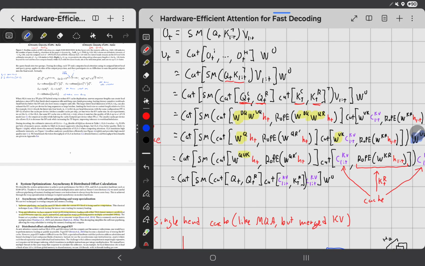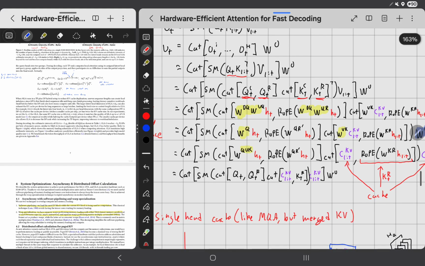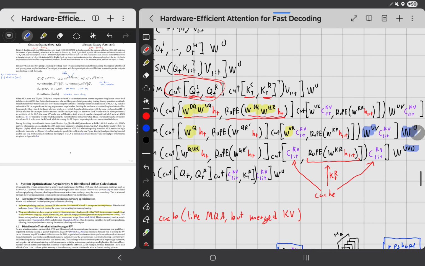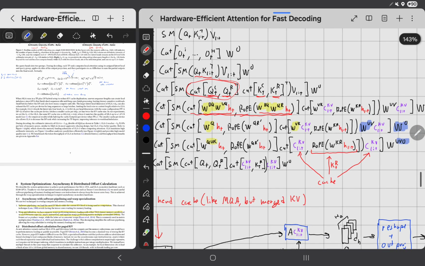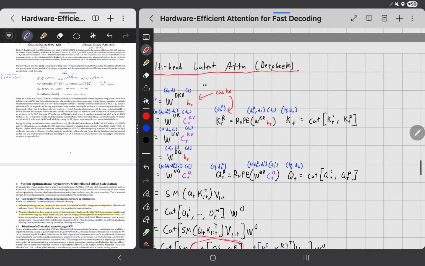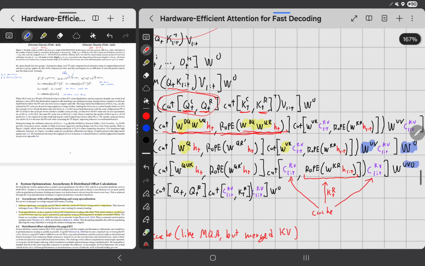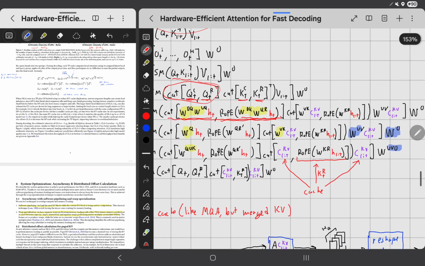So here, I'm breaking it up one more time. Basically, you have this matrix multiplication here that you're doing. So I'm just translating this concatenation over here into these two concatenations right here. And this is just using all the equations above that define the MLA.